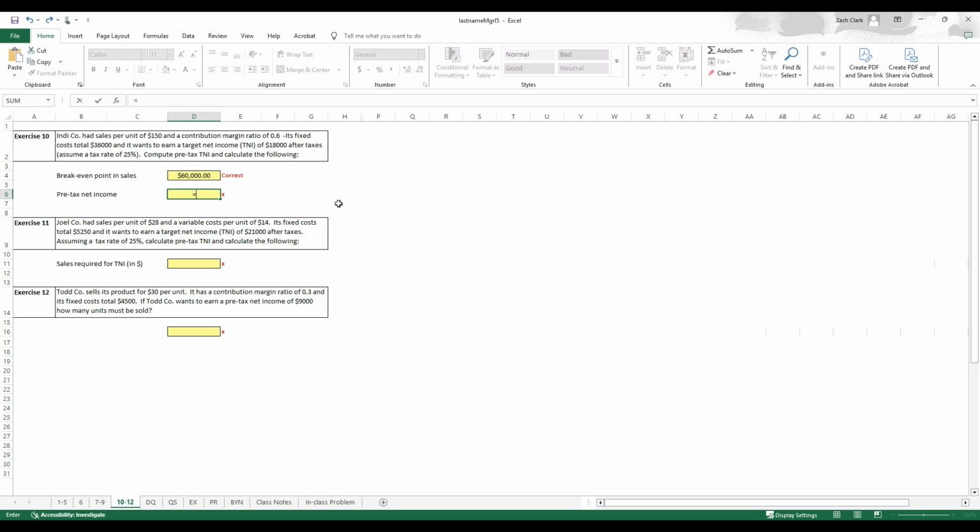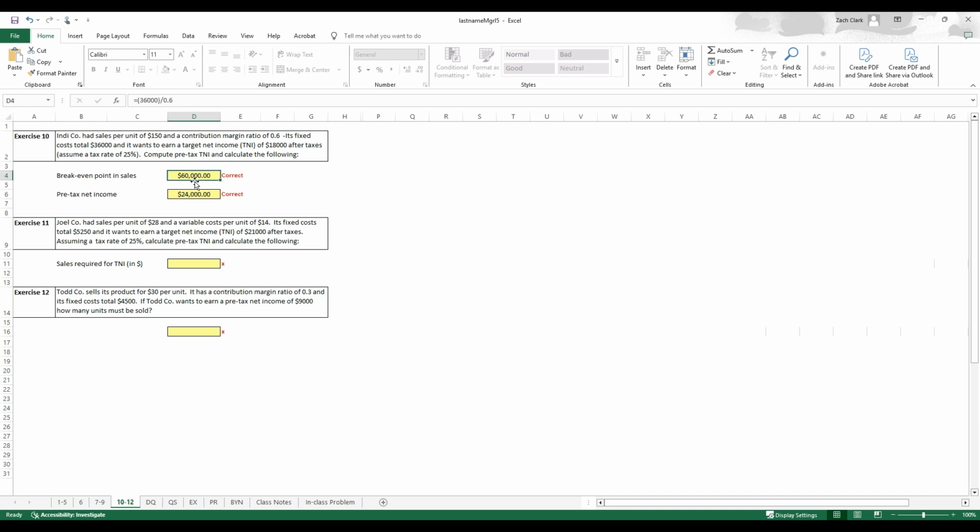To figure out our target net income before taxes, we take the $18,000 target net income after tax divided by 1 minus 0.25. Oh, this one actually told us what the pre-tax net income target is. So we didn't need to do that. I thought this was going to ask us what sales we would need to earn to get the $24,000.